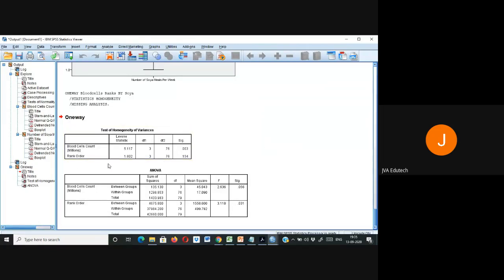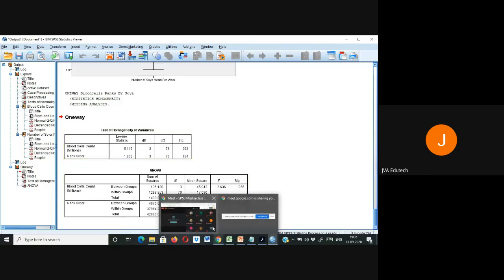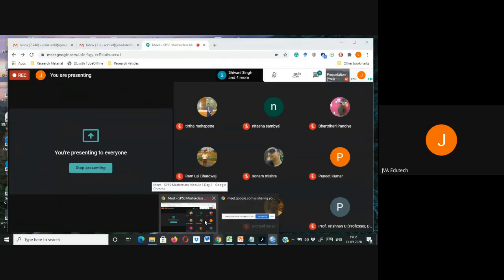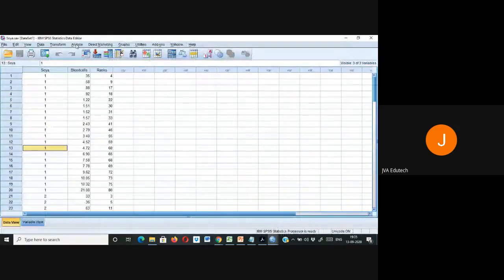Rank order we have nothing to do with. Basically, we'll see the blood cells count. What does it tell you? There is no homogeneity among the variances, isn't it? Yes, sir. So both the assumptions are not met. So rather than going for one-way ANOVA, we'll go for its non-parametric test, that is the Kruskal-Wallis test.